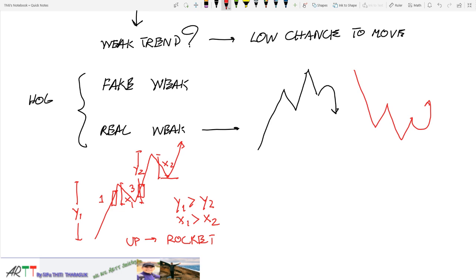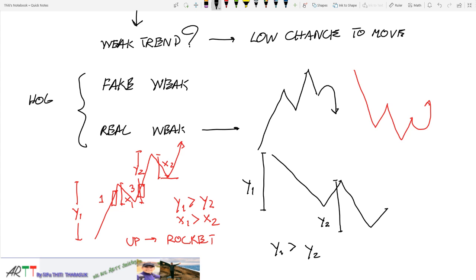In the opposite way, if we want to analyze rocket pattern down, we put this as y1 and we put this as y2. That means in this picture y1 is more than y2.